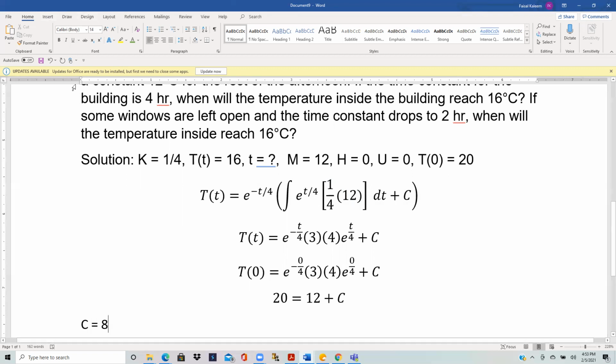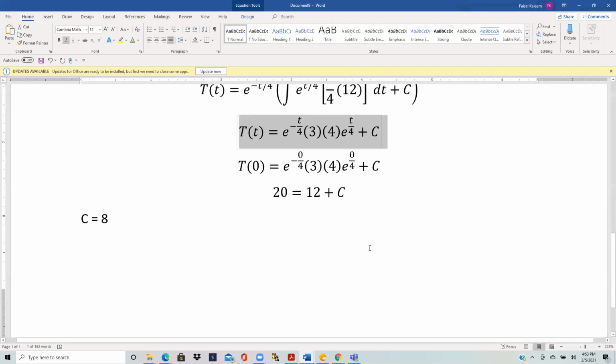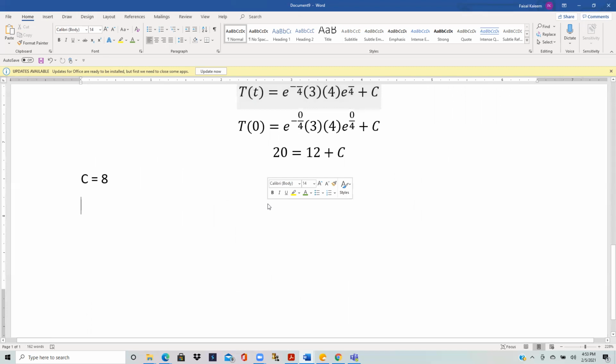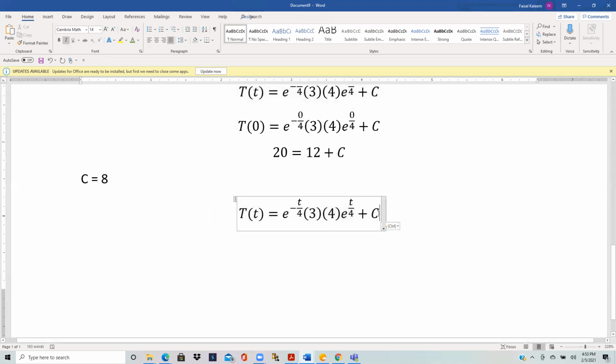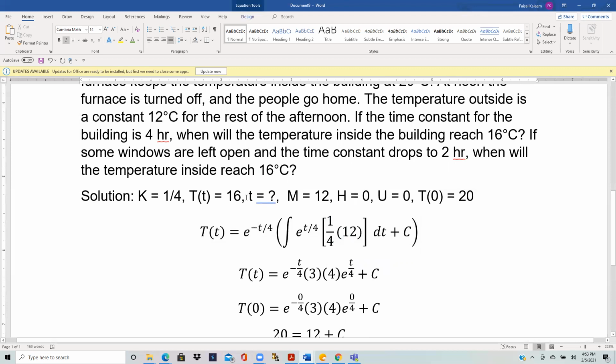So now substitute c is equal to 8 in here. And now you do substitute. We want to find the time when the temperature inside is 16.